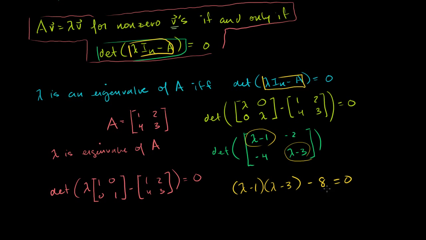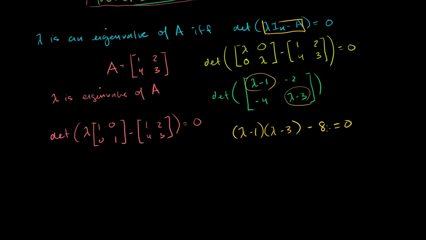And the whole reason why that's got to be equal to 0 is because we saw earlier this matrix has a non-trivial null space. And because it has a non-trivial null space, it can't be invertible, and its determinant has to be equal to 0. So now we have an interesting polynomial equation right here. We can multiply it out.